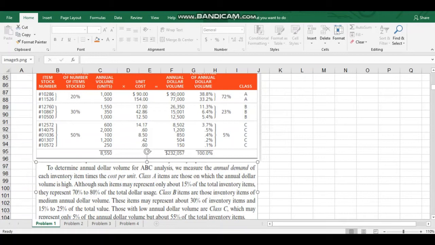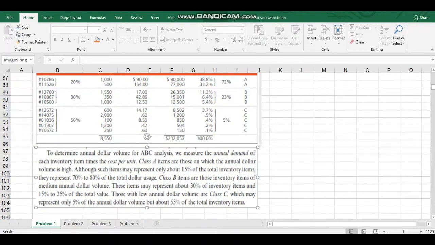And they represent 70 to 80% of the total dollar usage, while class B items are those inventory items of medium annual dollar volume, and these items may represent about 30% of inventory items and 15% to 25% of the total value. While those with low annual dollar volume are classified as class C, which may represent only 5% of the annual dollar volume, but about 55% of the total inventory items.